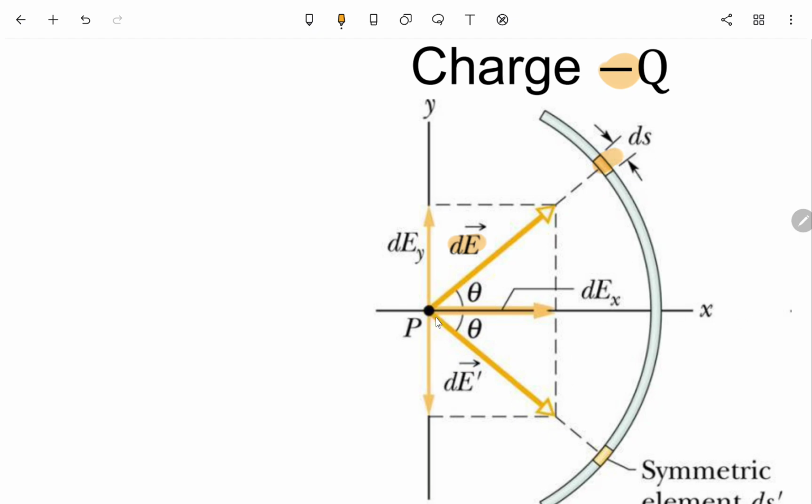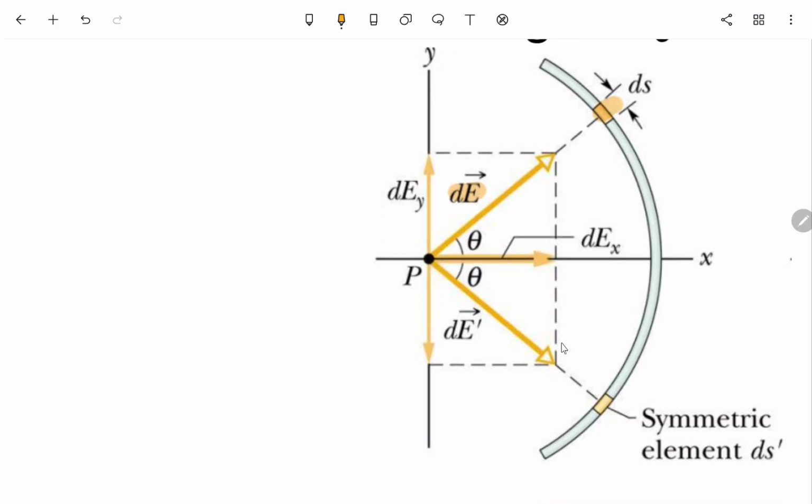And this is the x-axis, this is the y-axis. We would like to decompose this dE along the x-axis and y-axis, like dEy and dEx. And as this circular arc is symmetric about the x-axis, we can always find this ds prime. This part and this part are symmetrical to each other. For another ds, let's say ds1, you can also find ds1 prime.